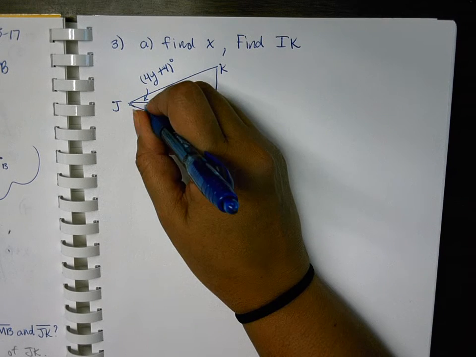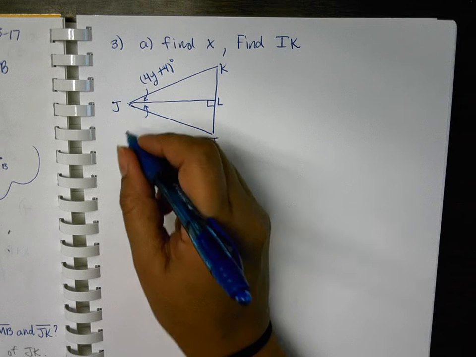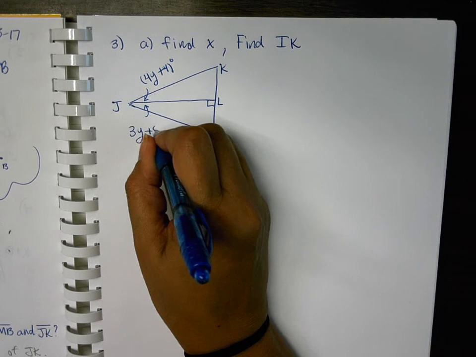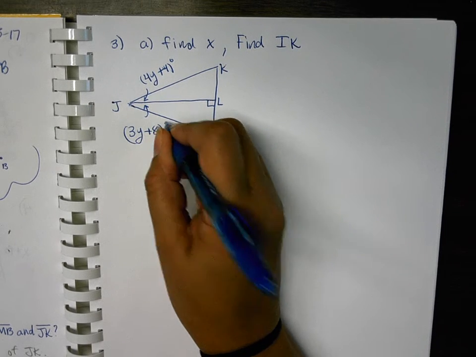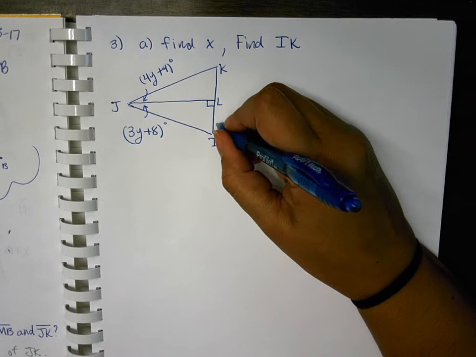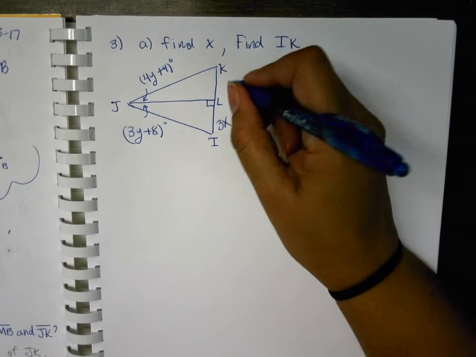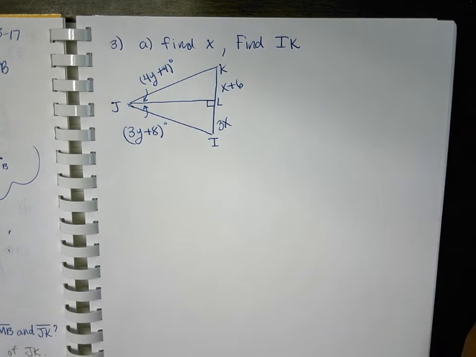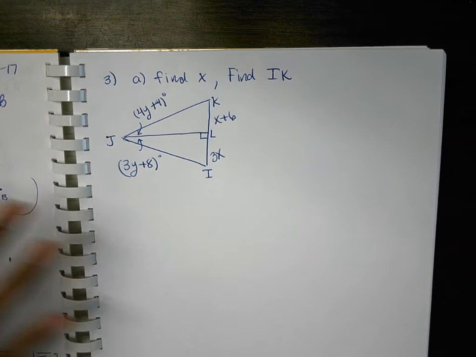And in this one, little one here, it is 3y plus 8 degrees. This is 3x and this is x plus 6.